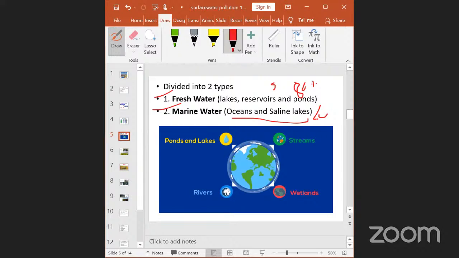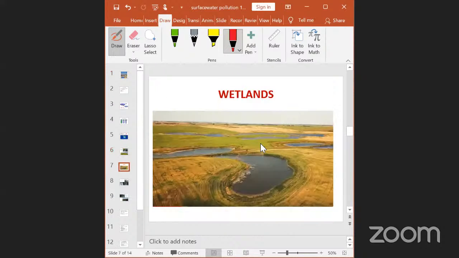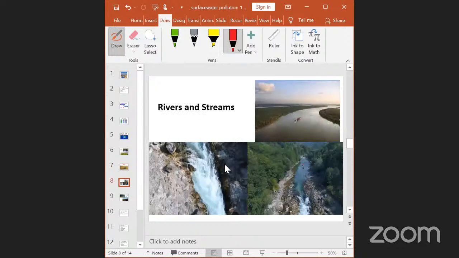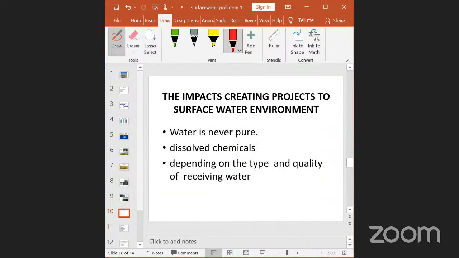The surface water body can be recharged with rainfall or snow melting, right? You see some pictures here: rivers and streams, wetlands, and also lakes and ponds.